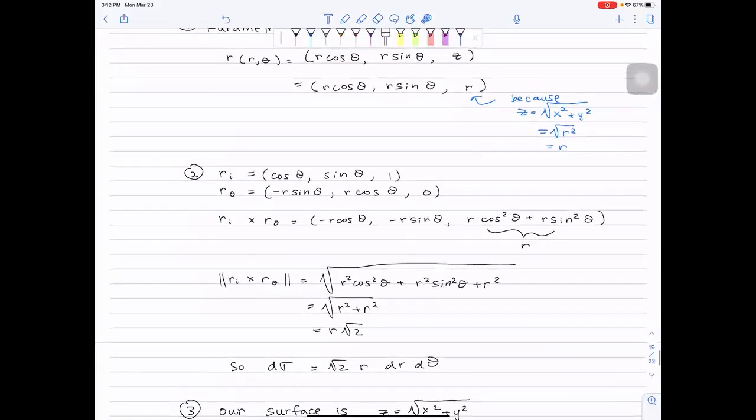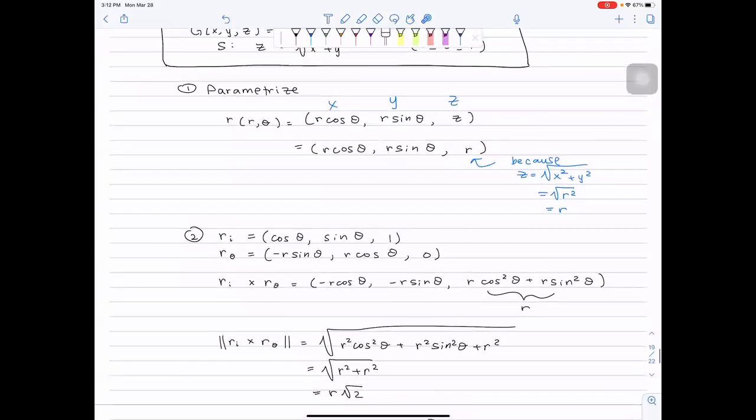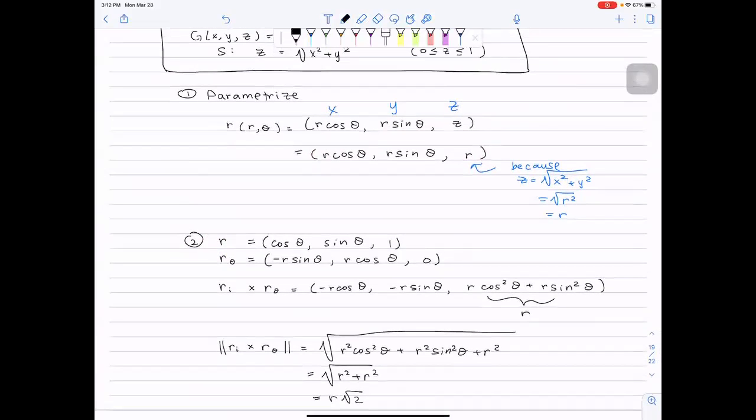Then step 2, we want to write this r sub I. So that's the derivative of our expression with respect to r. Maybe this should be r. So if I take the derivative of this with respect to r, I get cosine. Derivative of this is sine. Derivative of r is 1.